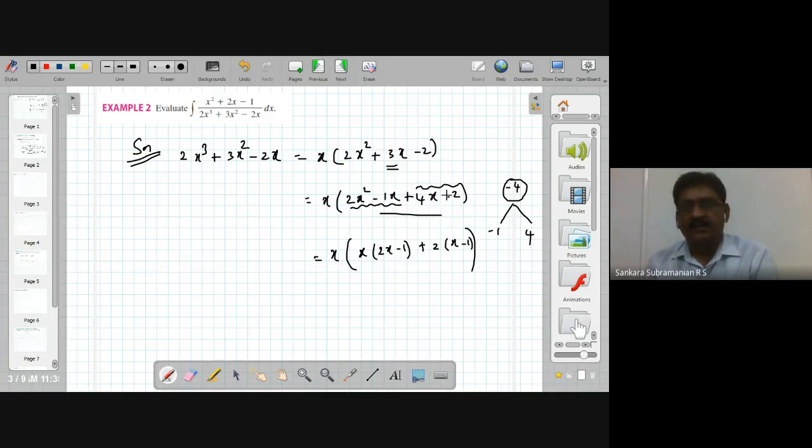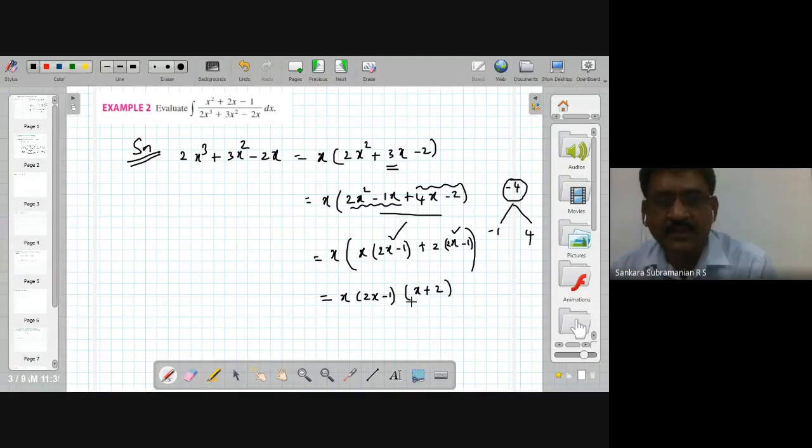In the last two terms, I can take 2 common, so that I get 2 into 2x minus 1. Now I can see that 2x minus 1 is common. I can take it out, so you get x into 2x minus 1 into x plus 2. Factorization is an art that should be known.